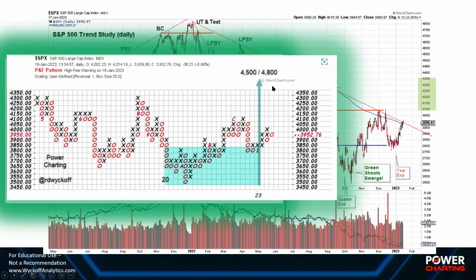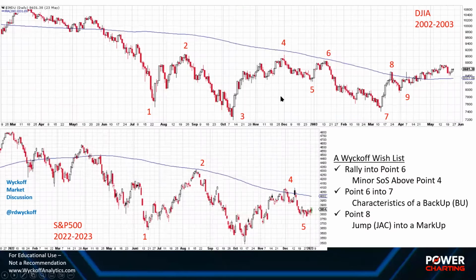It gives us a count to 4,500 to 4,800, and that actually takes us back right to the 2021 high in the S&P 500. And that takes us to, well, let's look at this analog as a possibility for what could happen if this is an accumulation structure that we're looking at.